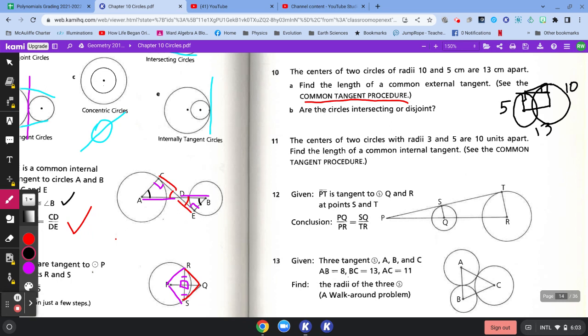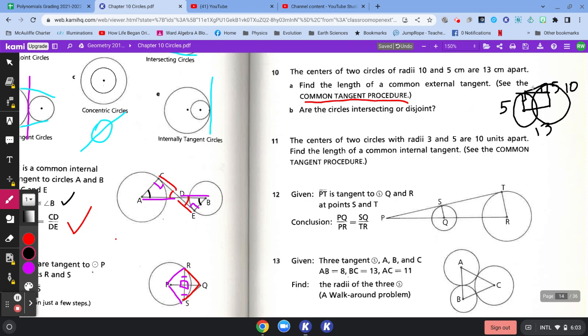And so what I'm going to now do, this is a variation, I'm going to actually draw a right triangle here. Now, I know that this side is 13. I know that this radius is 10, so this side is 5. Okay, so I've got 5 and I've got 13.